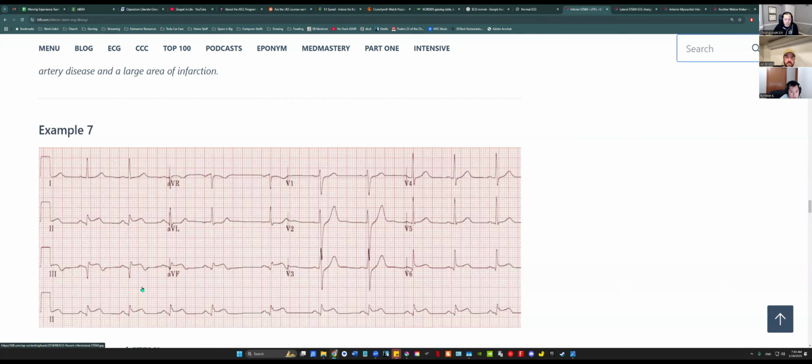The EKG can either confirm or deny it, and if it's there, you'll know which region. So you can start pushing the charge nurse to call the doc, to call the cardiologist. Plus, when you get an EKG, the doc needs to see it within a few minutes.